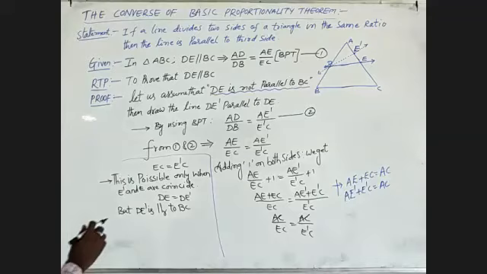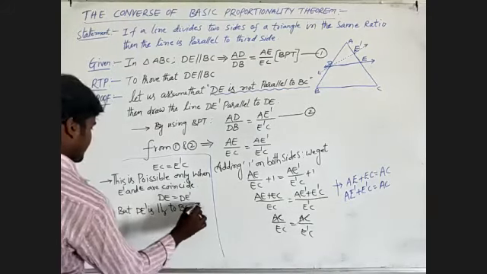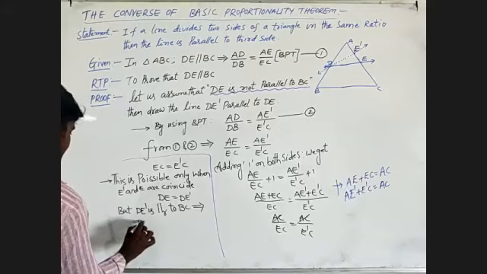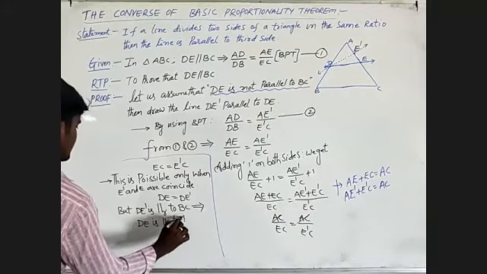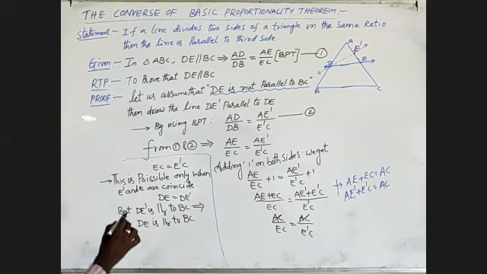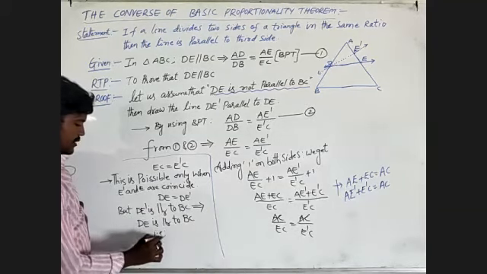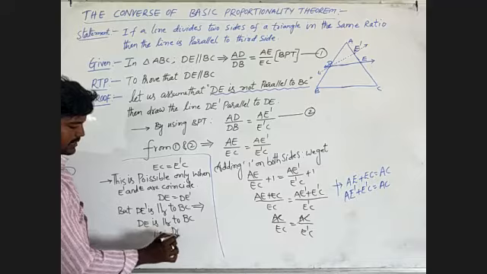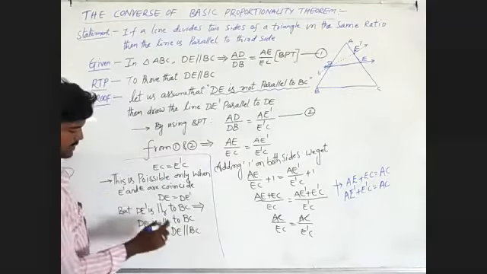I will write this: but DE dash is parallel to BC, then that implies DE is parallel to BC. Finally, this is the proof of the given theorem. DE is parallel to BC. Hence, the theorem is proved.